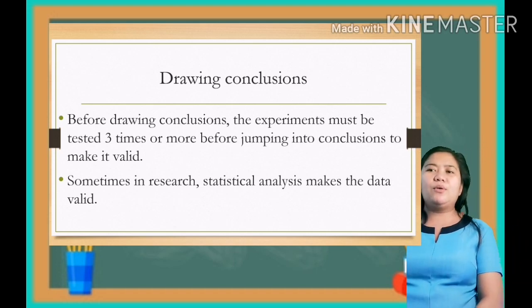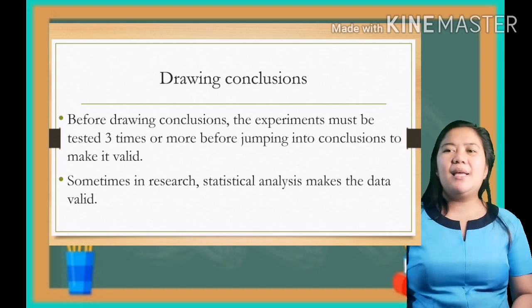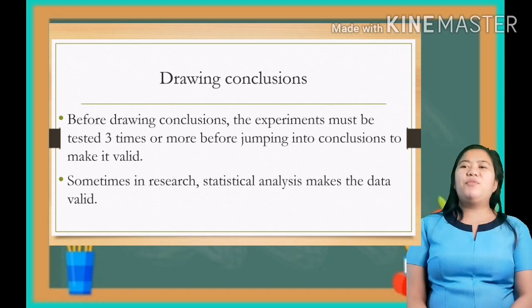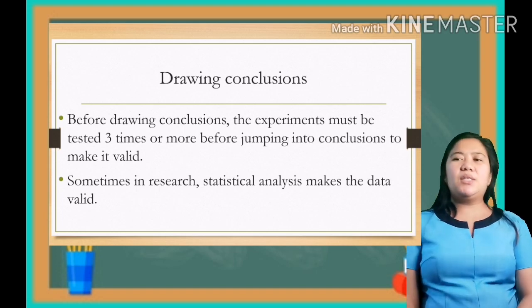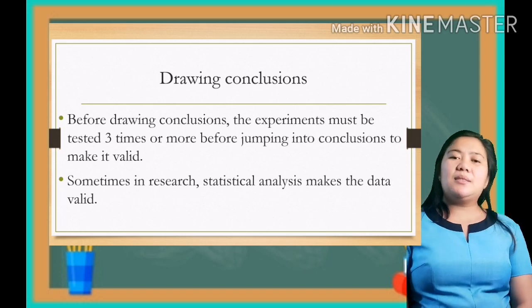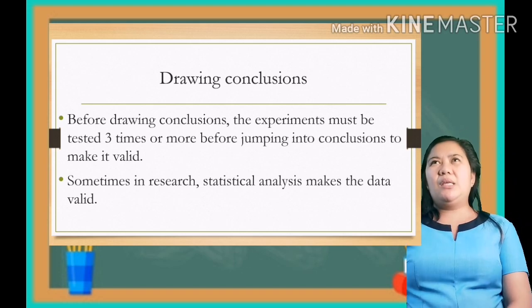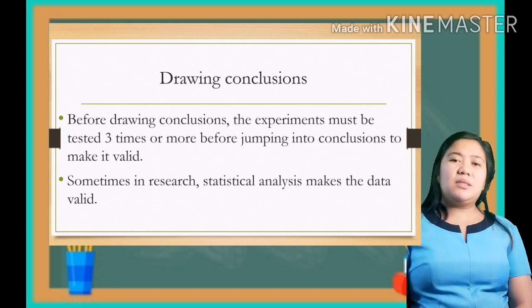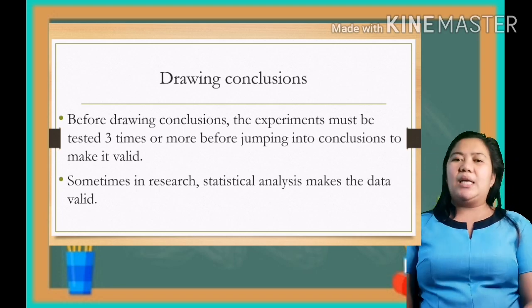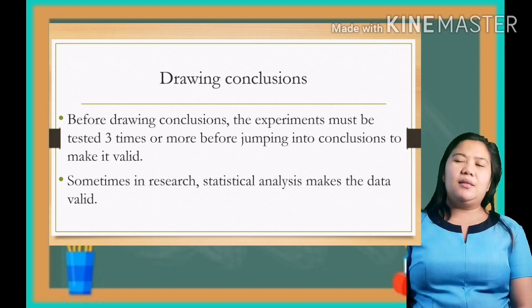So before drawing conclusions, the experiments, again, must be tested 3 times or more before jumping into conclusion to make it valid. Sometimes in research, statistical analysis makes the data valid. So no need to repeat the experiment 3 times or 4 times. Statistical data analysis in a research makes the data valid.